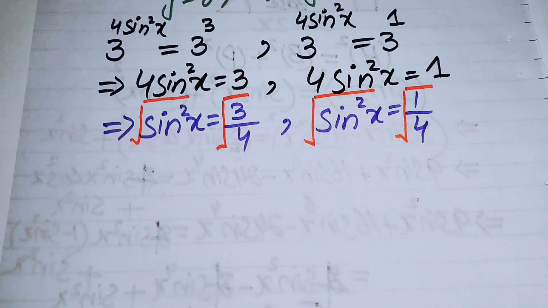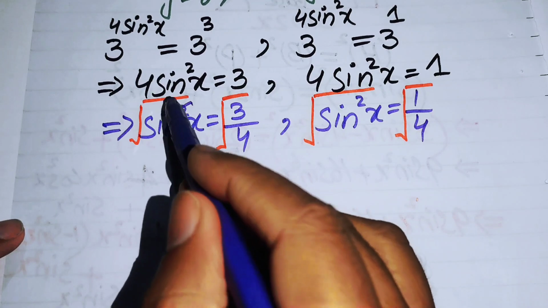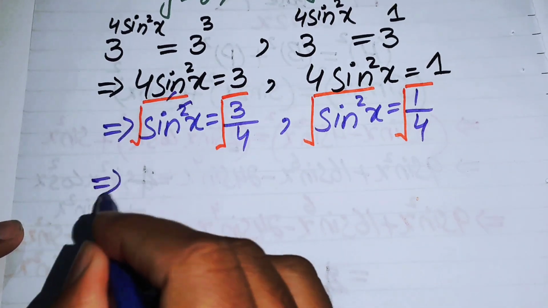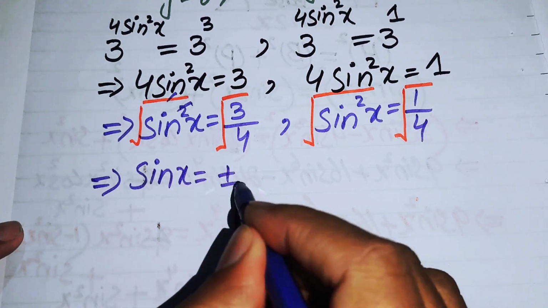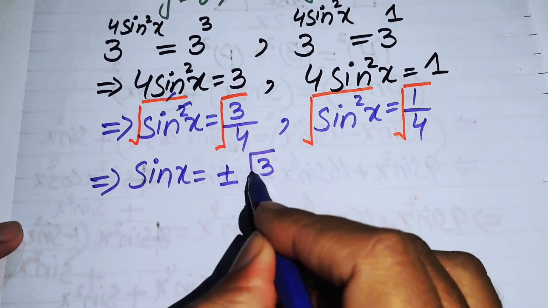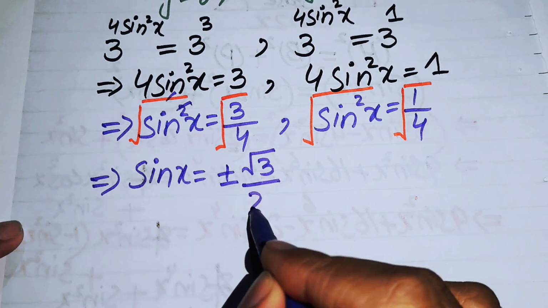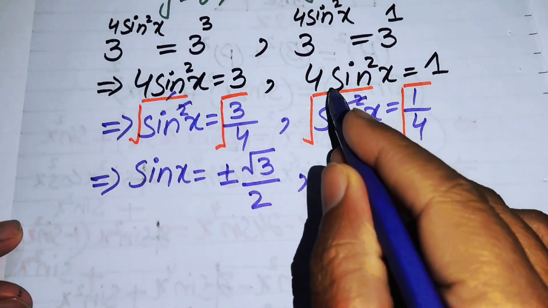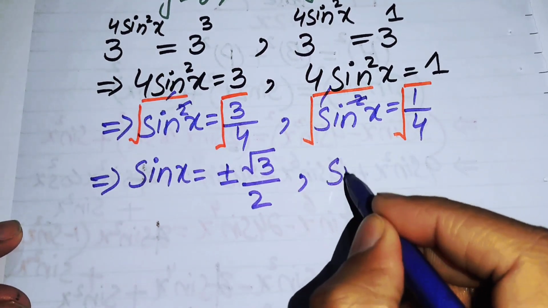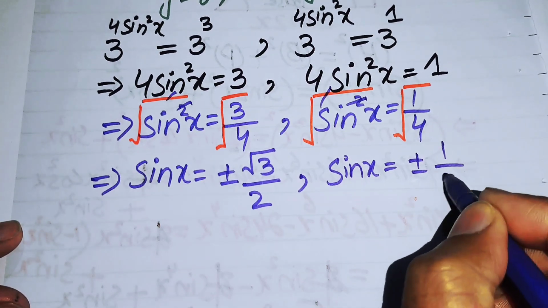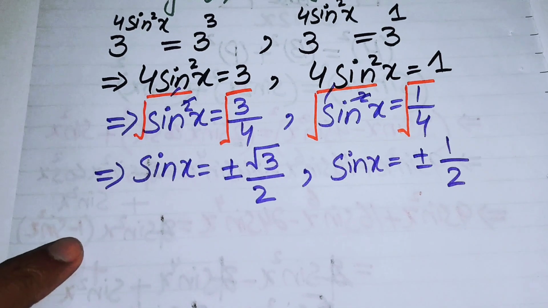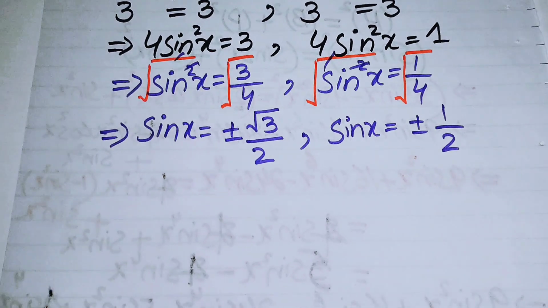In the first case, the square and square root cancel each other, and you get sine x equals plus minus the square root of 3 over the square root of 4, which equals 2. And here again these are gone, and you get sine x equals plus minus 1 over 2. Now we again have two cases on both of the equations.